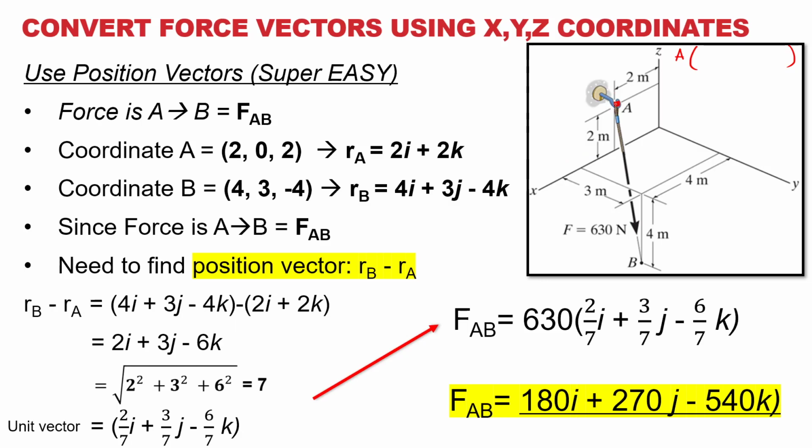In order to read coordinate A, you have to go step by step. Number 1, x. What is the value for x? Definitely the value is this one, 2. And it's a positive value. Next. Don't read z yet. You have to read y first.